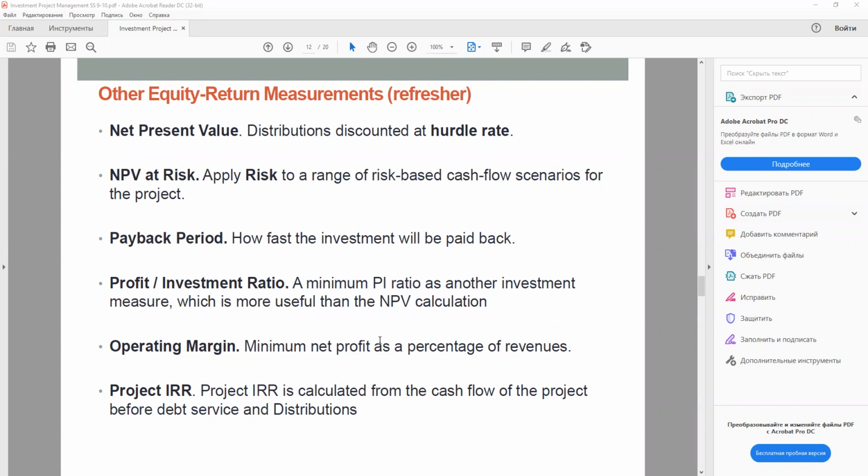An investor may therefore require a minimum annual operating margin of, say, 12%, as well as minimum equity IRR. So again, it is some KPI that can be set by the investor on the operational efficiency of your business.